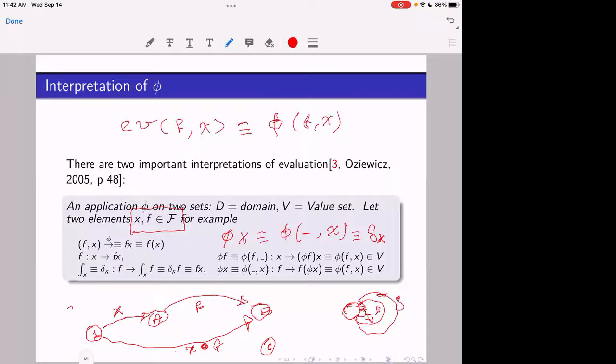And maybe we have X, and this is the principal idea. X is one element, not necessarily identity.